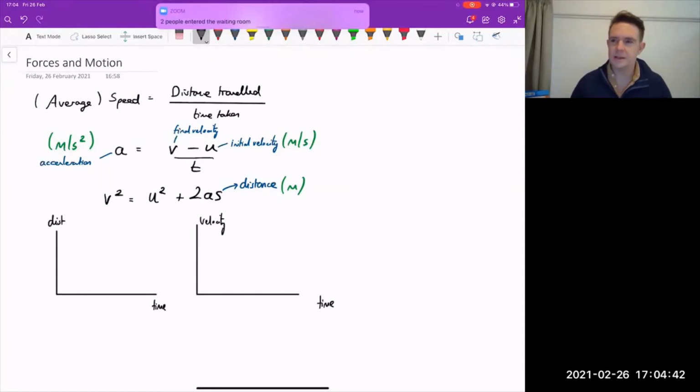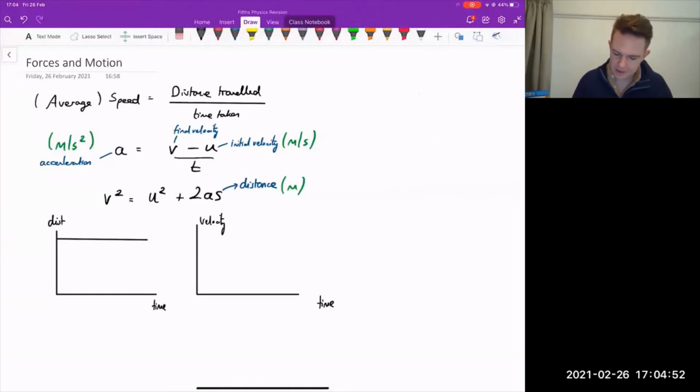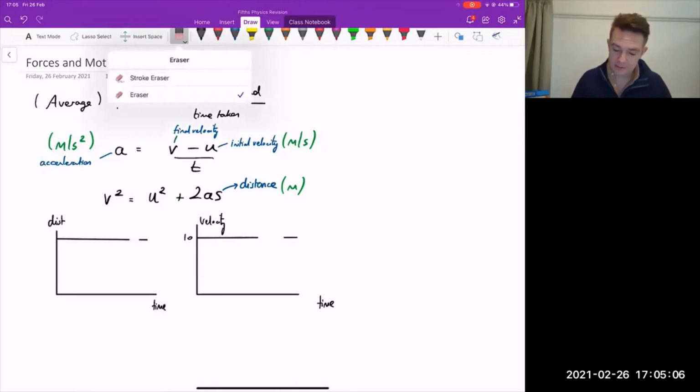So, for instance, a horizontal line is stationary for a distance time graph, but obviously, if you're looking at a velocity time graph, a straight horizontal line means you're moving at a constant velocity, say 10 meters per second. So you need to be very careful which graph you're looking at when you're looking at graphs of motion.